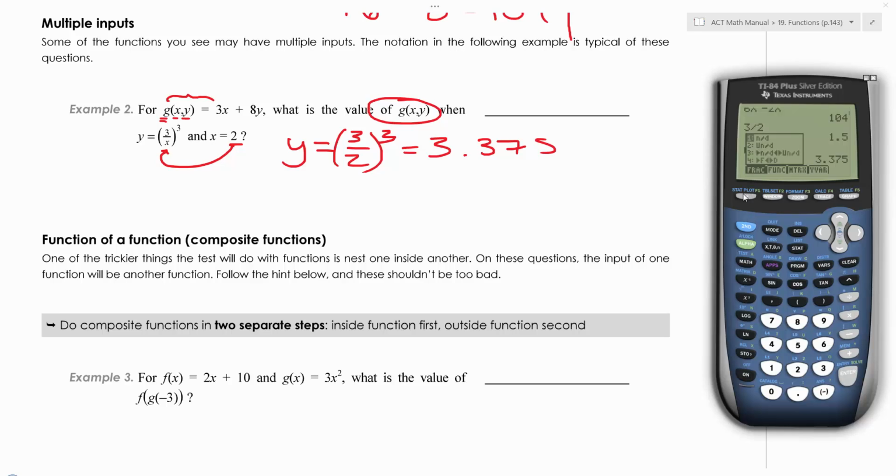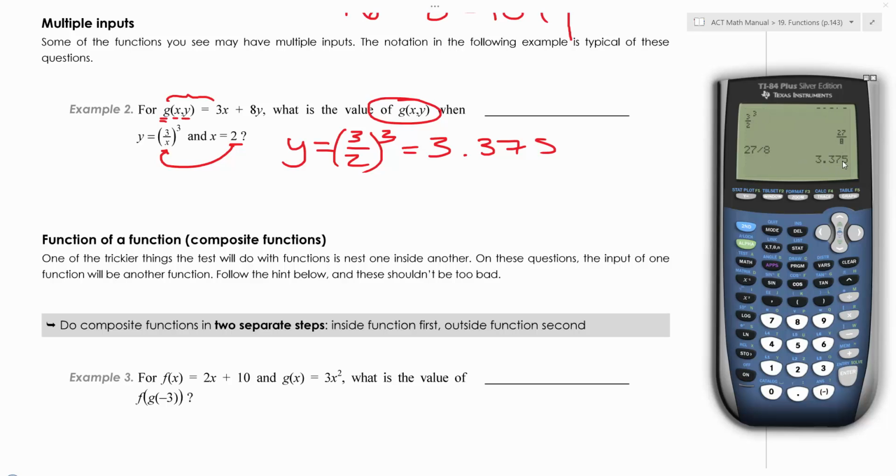An alternate way to make sure you don't make a careless mistake when you do something like that: you can do alpha F1, bring up this fraction menu, hit 1, do 3 over 2, hit to the right, and then cube the entire thing. To be even safer, you might even want to put the 3/2 in parentheses, but this indeed, 27 divided by 8, did give us the correct answer.